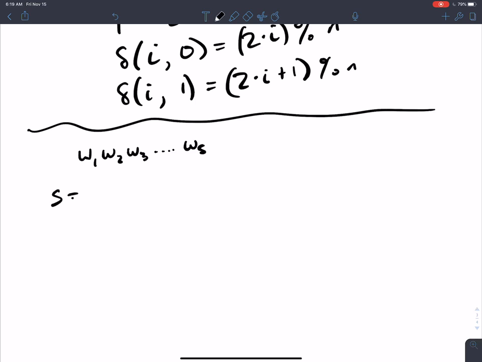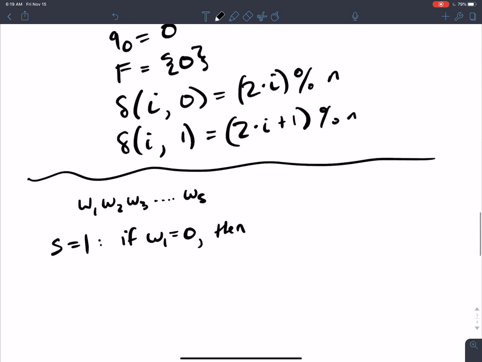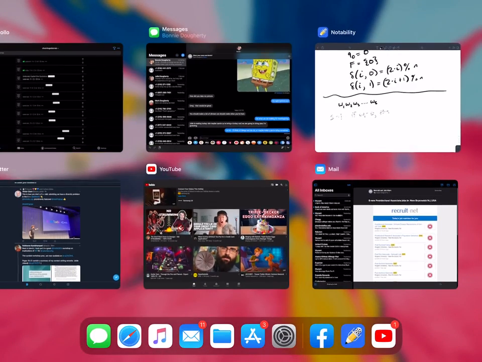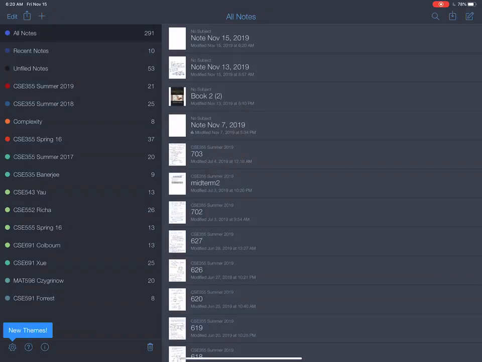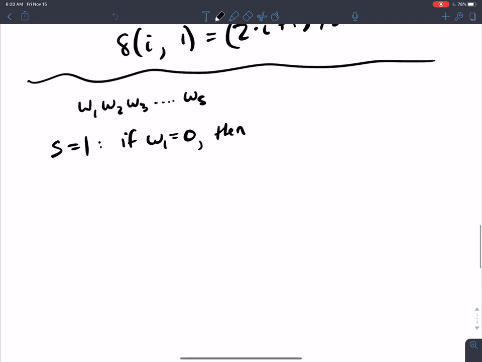So let's make the initial case s equal to the empty string.